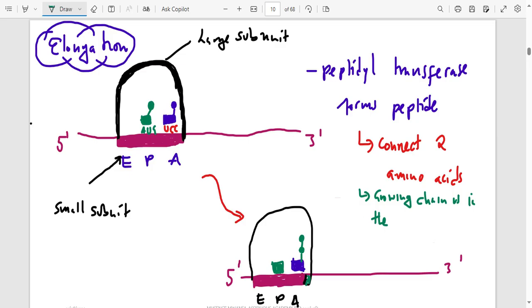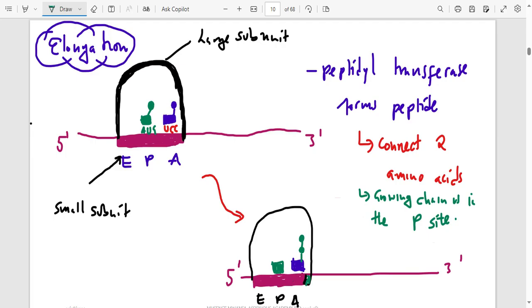But the growing chain, after you have formed a bond, is going to continue in the P site. Okay, so this is what is going to happen. Now, when this happens, notice what is going to happen. The molecules here are going to move three nucleotides. Once the P and the A site have been filled, can you see that the P site and the A site have been filled?